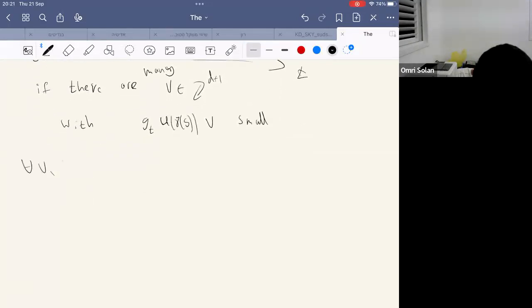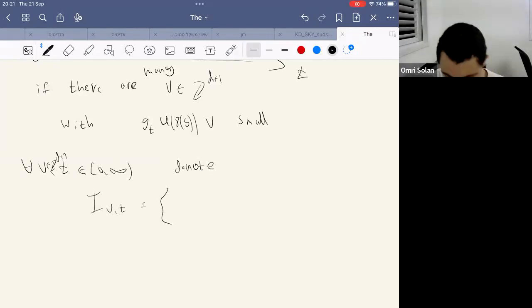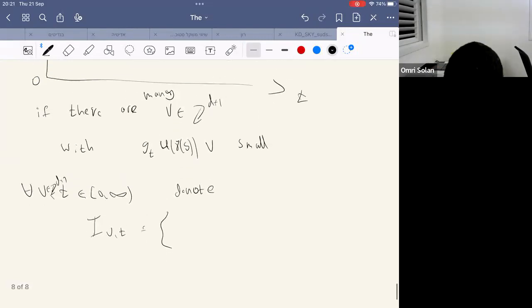For every v in Z to the d plus 1 and t in (0, infinity), denote I_{v,t} equals the set of s in [0,1] such that the norm of g_t u of gamma of s v is less than 1.